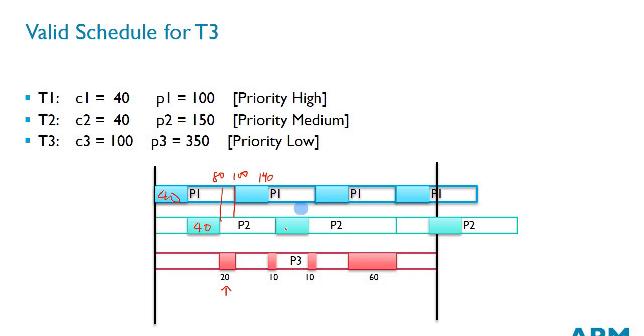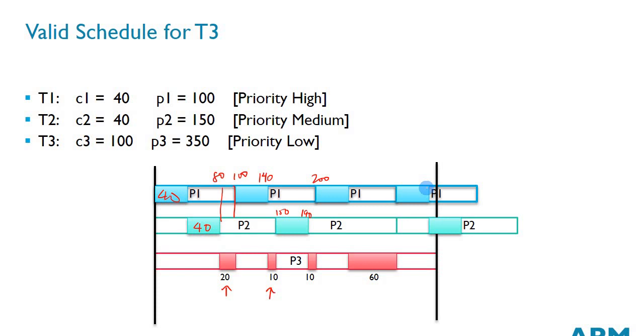Then after 140, what happens? Task 2 is only repeating at 150 units of time. So there is another 10 units of time gap over here for task 3 to do some work. And here will be again 190, and then the next interval of task 1 is at 200. Correct?